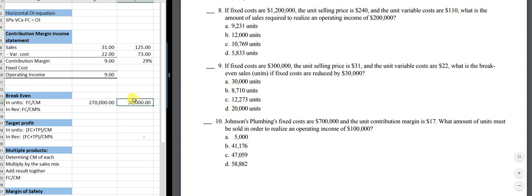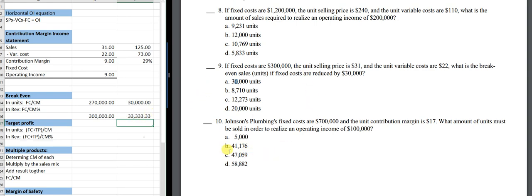So 30,000 units, so break even is 30,000 units. What was break even before? So if break even before would have been 300 divided by 9. So if the question would have asked how much does break even is reduced, you could say 3,333, but that wasn't the question.